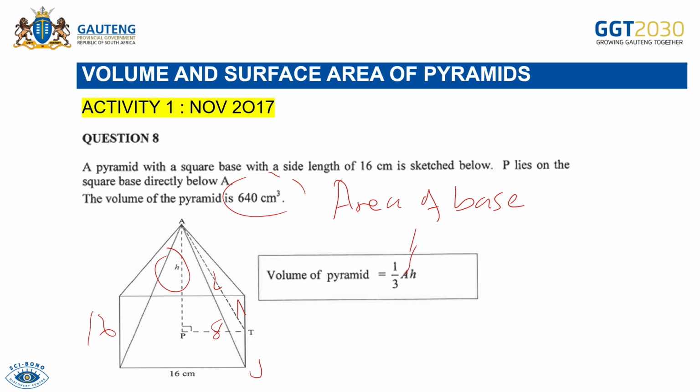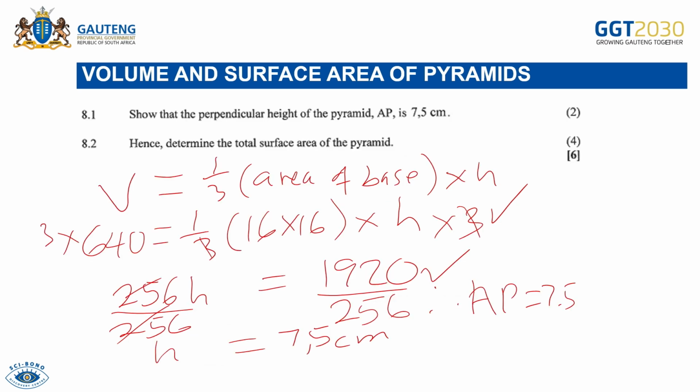Yes, there is a question which says, are we able to use different ways to get to the answer? Yes, I guess the different ways you are talking about is the manipulation of your question. Some learners can keep it as 16 times 16 throughout. Some can keep it as 3 times 640 throughout. But otherwise, you need to work with the correct formula.